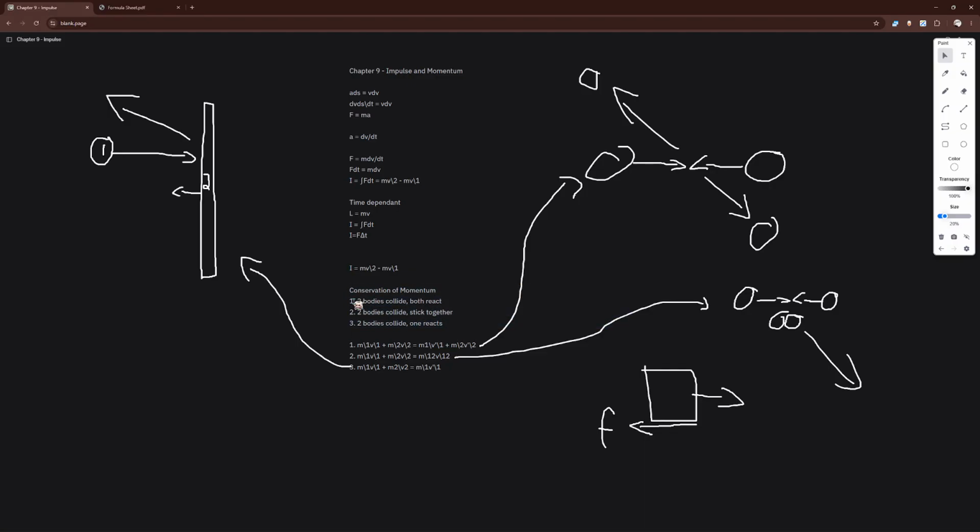These are some example scenarios. There can be more scenarios, like 3 bodies, but that doesn't matter. There are some interesting questions that come from 2 bodies that stick together. Like a bullet goes this way while a block stands still here.